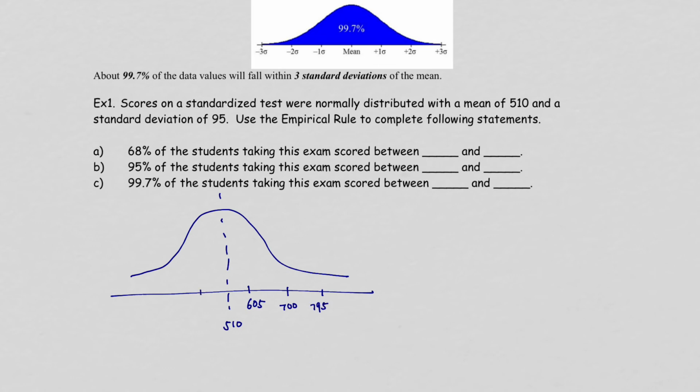This side is going to be subtracting 95, so it should be 415. Then 320, and subtracting 95 will be 225. So within the 68%, the score is between 415 and 605.